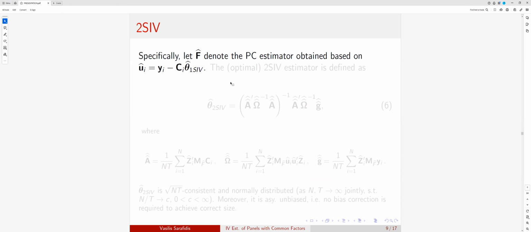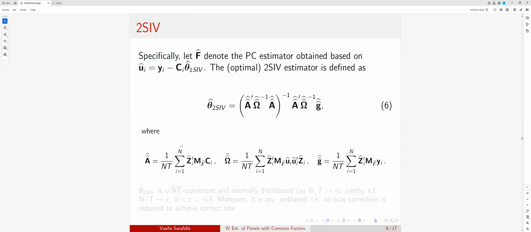Specifically, let f hat denote the PC estimator obtained based on the first stage IV residuals. The optimal two-stage IV estimator takes the usual sandwich formula expression where A omega and G double hat are defined here.